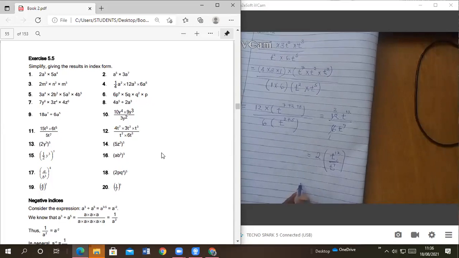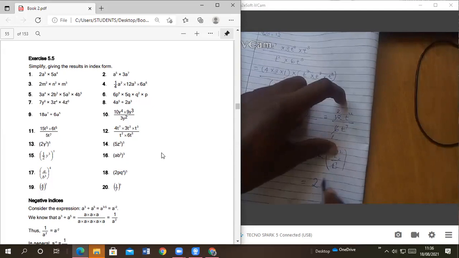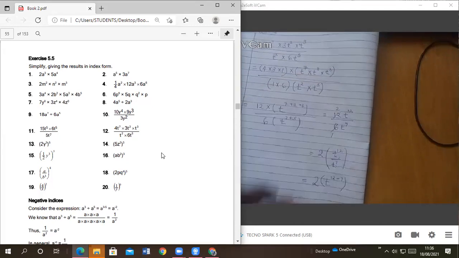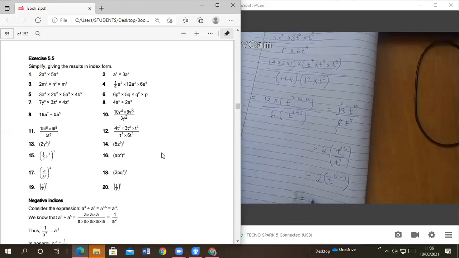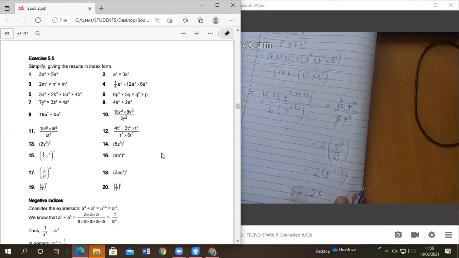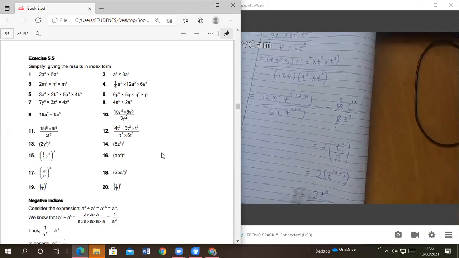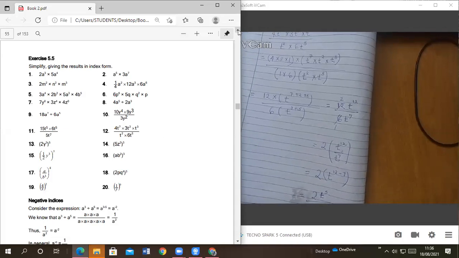What do we do to the powers? We subtract the powers. So t to the power 12 minus 7, what do we get? We get 2t to the power 5. As simple as that.